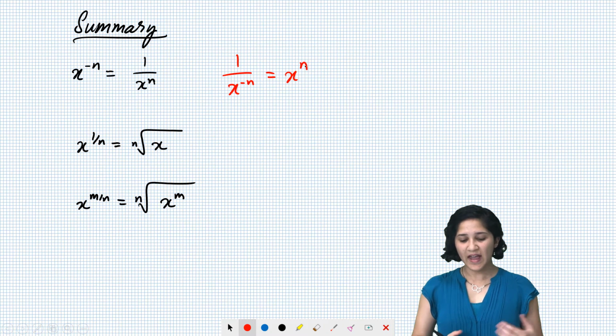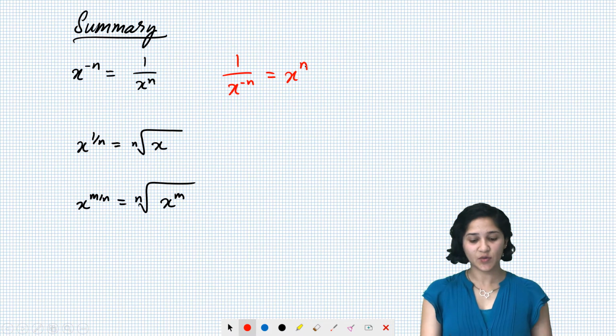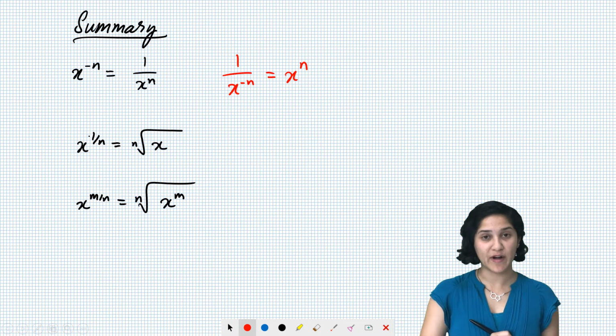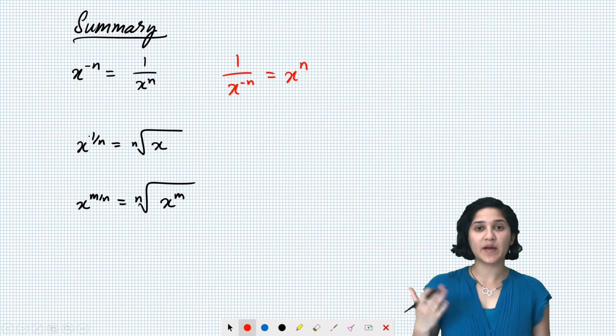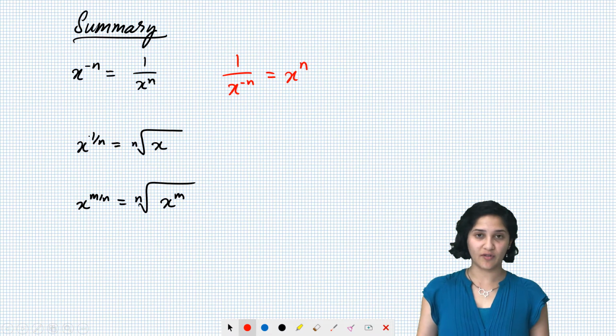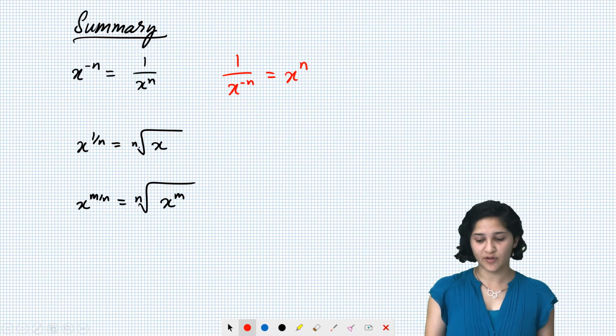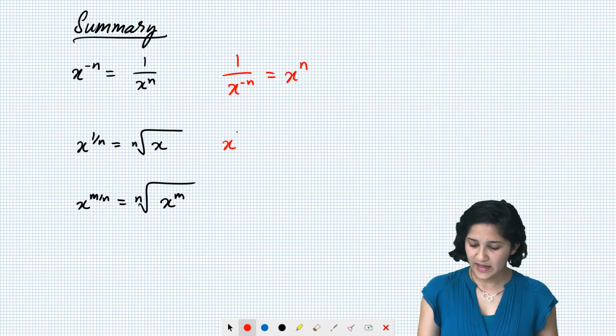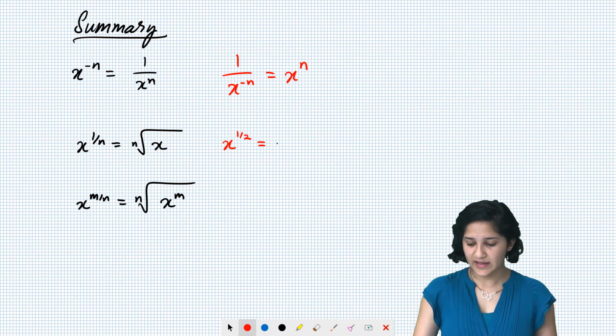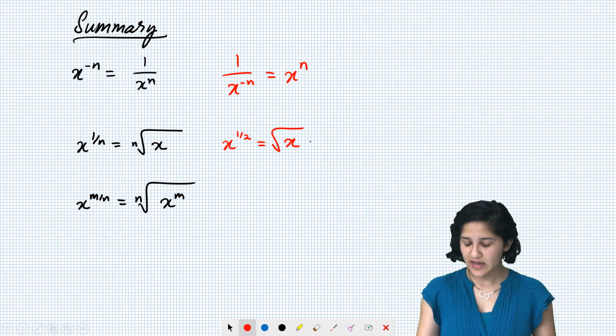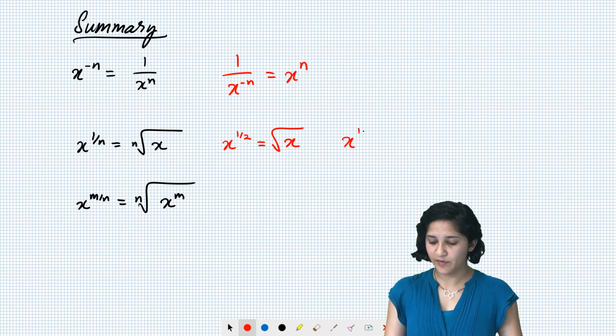If we have a fractional index where the numerator of the fraction is 1, it just becomes the nth root of x. So whatever this number is on the bottom becomes that root of x. So if we've just got x to the 1/2, that's a square root. If we've got, say, x to the 1/5, that will be the 5th root.